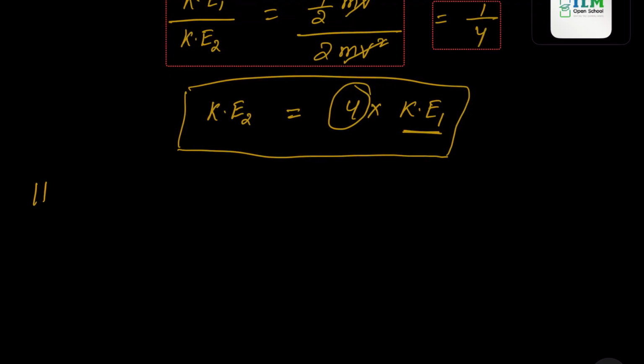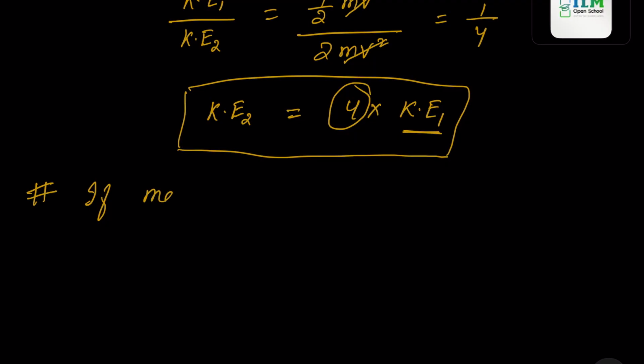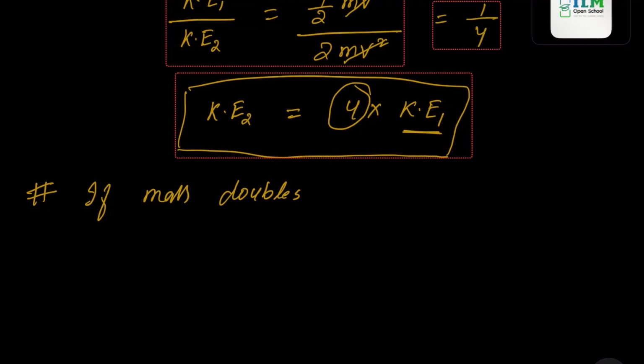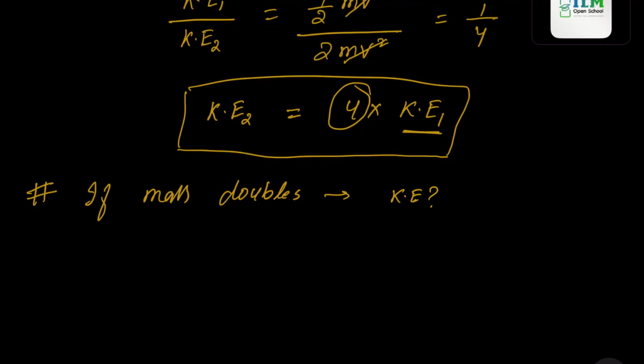Now second, if I double mass, if mass doubles, what happens to kinetic energy? So again, we are doing the same thing. Kinetic energy 1 is equal to half mv square.